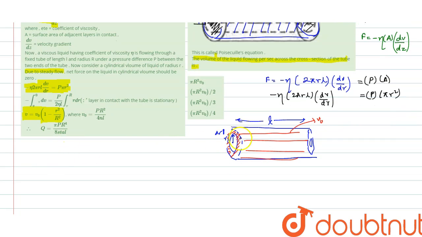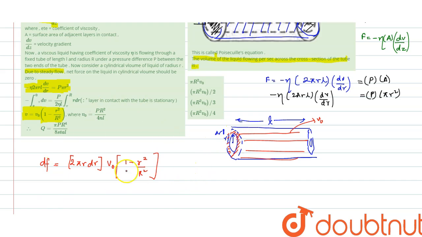Therefore, the volume flow rate for this small section, let's call it df, will be equal to 2 pi r dr multiplied by V0 into 1 minus r square over R square, which is the velocity at smaller radial distance.